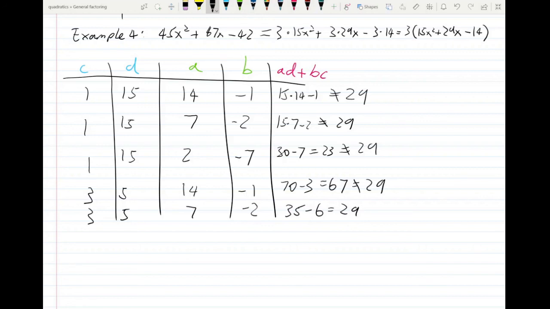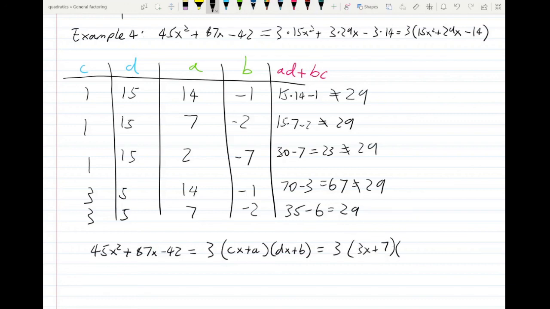So our final quadratic will be 45x squared plus 87x minus 42 is equal to 3 times cx plus a times dx plus b, which, if we read off our values, we get 3x plus 7 times 5x plus negative 2, or minus 2. And that's our final answer.